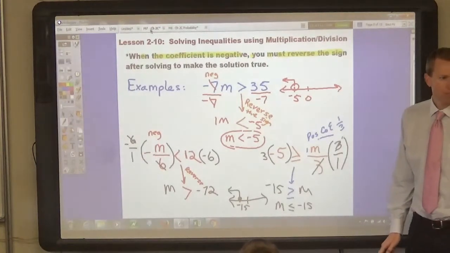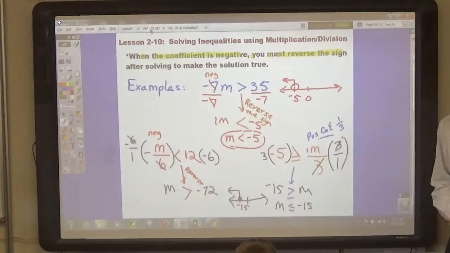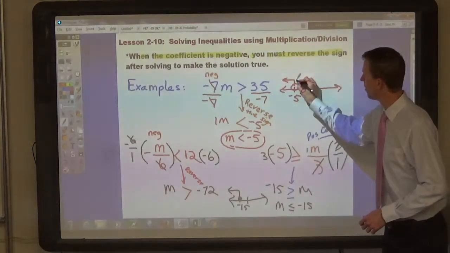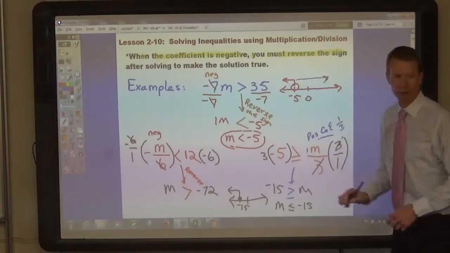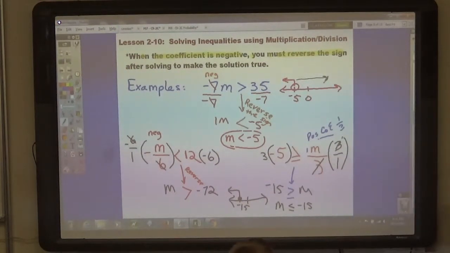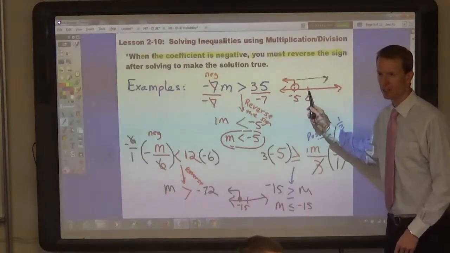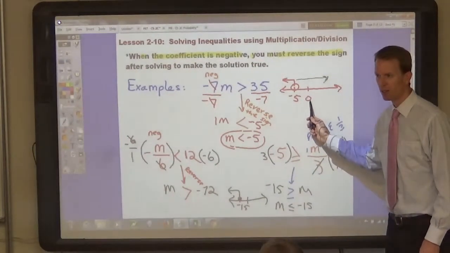Now, why do we have to reverse the sign? What if we did not reverse the sign and we arrowed? That would mean that we would draw the arrow this way, right? So what if we put in a solution to check this? Let's put in 0.